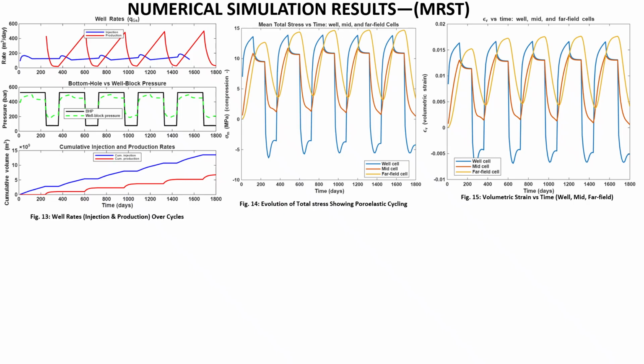So again, in the well cell, we see during injection the volumetric strain increases up to about 0.016, indicating a strong dilation as the reservoir lifts and expands radially.